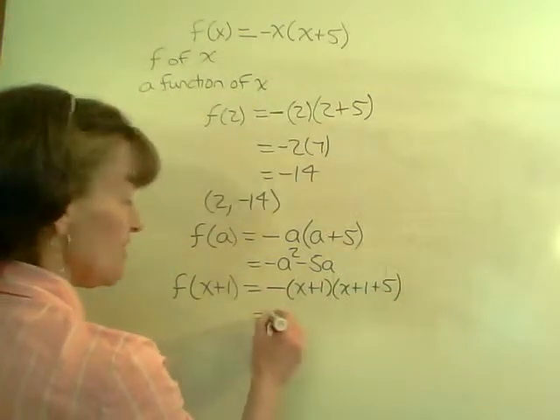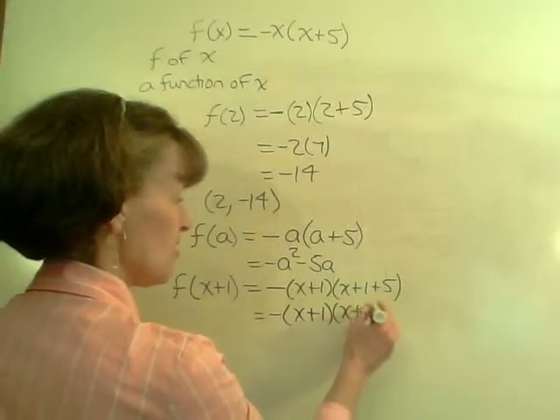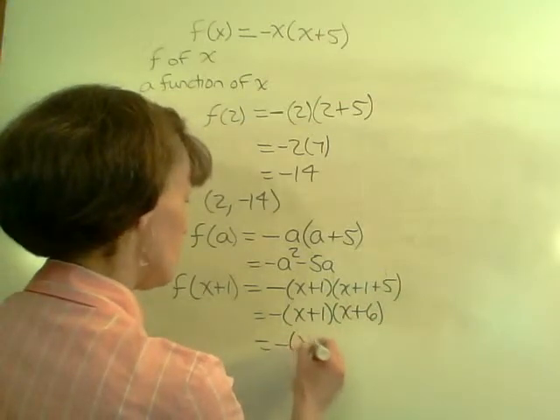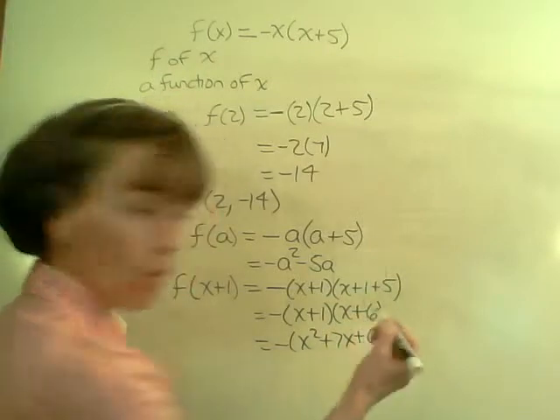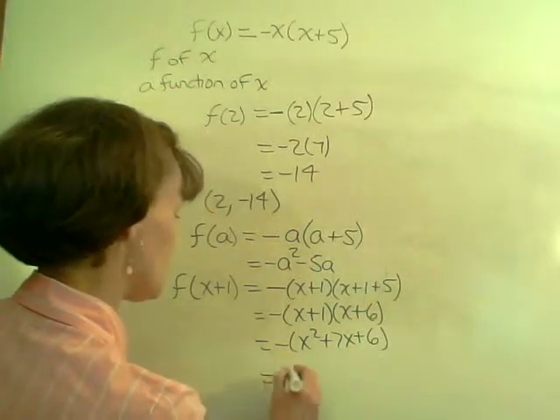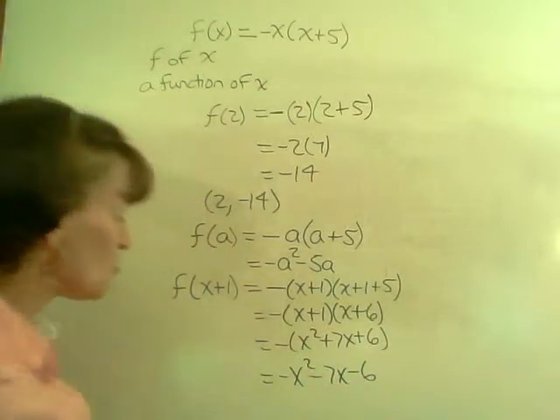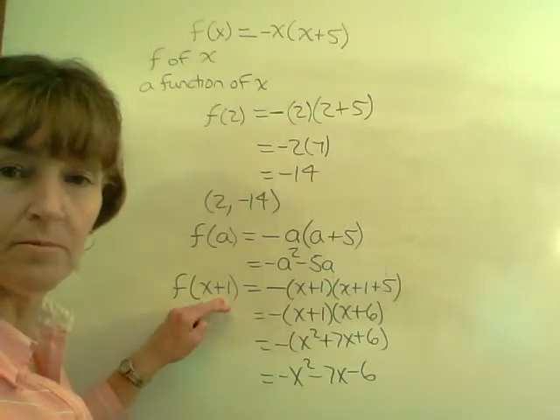So really I have negative (x plus 1) times (x plus 6). And I can multiply that out, and I get negative x squared minus 7x minus 6. So this is what y is when x is really x plus 1.